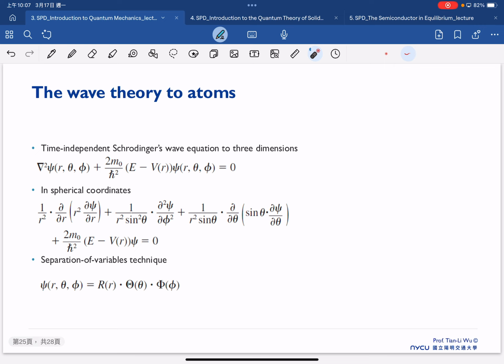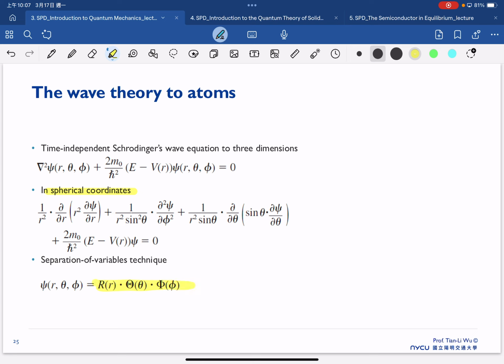And this is just a last reminder that we can also extend what we have done to three dimensions. In the case of three dimensions, we can consider spherical coordinates here. We won't go into much detail, just use the spherical coordinates to express the wave equation. In the end, we can have this equation as well.